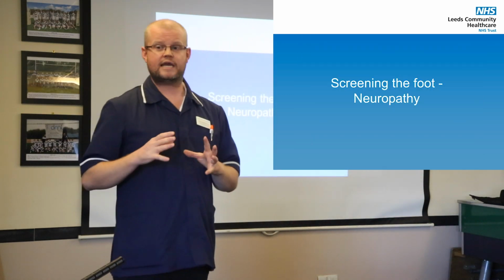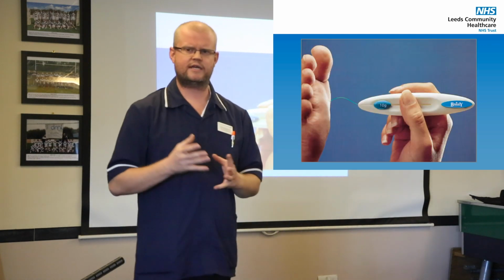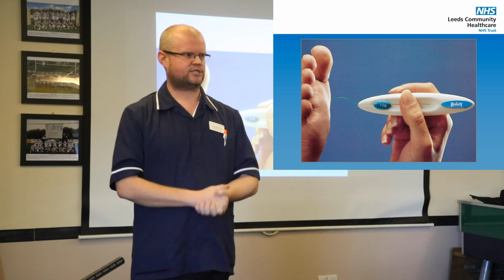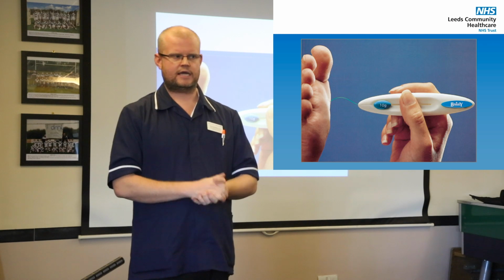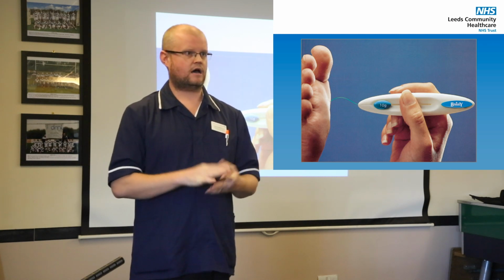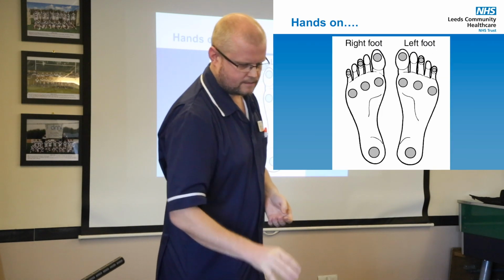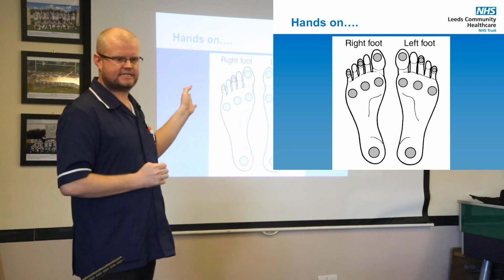So moving on and looking at neuropathy. What we're testing for when we're screening somebody for neuropathy is loss of protective sensation. We use a 10-gram monofilament. In Leeds, we recommend that the 7 points are tested.